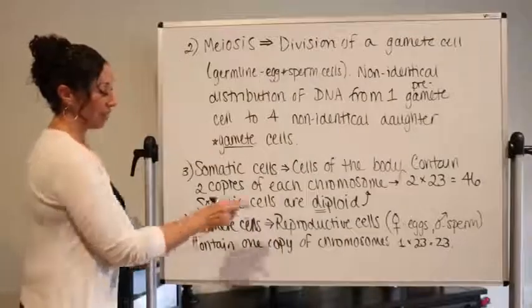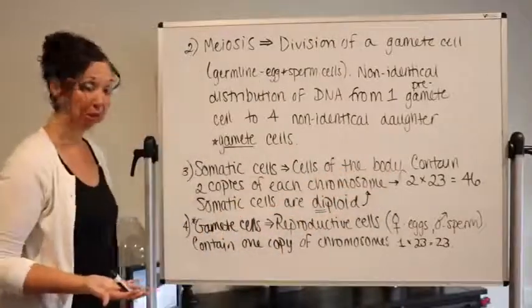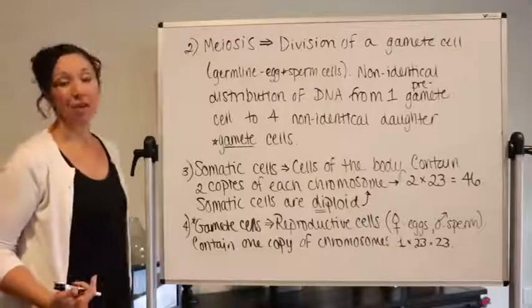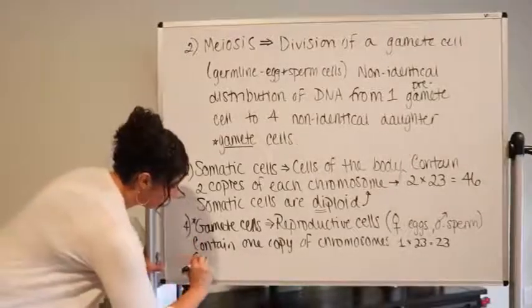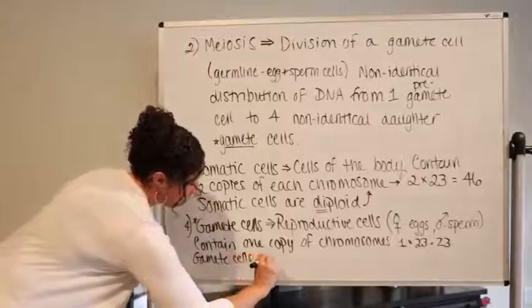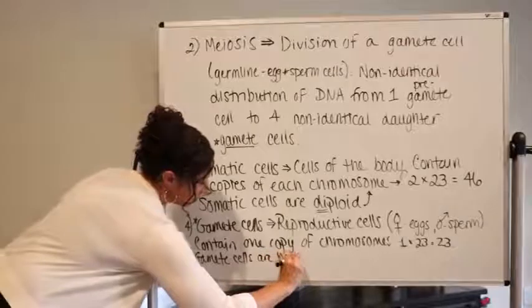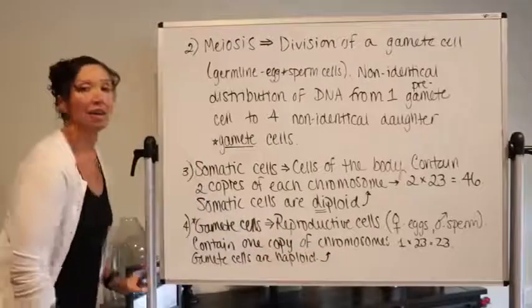And just like the diploid cells, when you have 2 copies, they have a special name of diploid. When you have 1 copy, we call them haploid. So gamete cells are haploid. And it's because they have 1 copy of chromosomes.